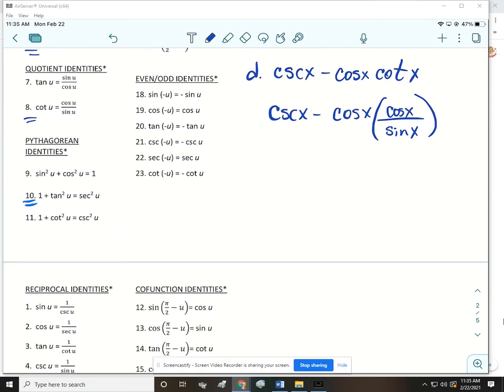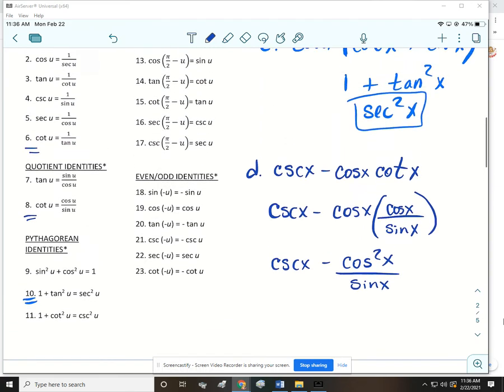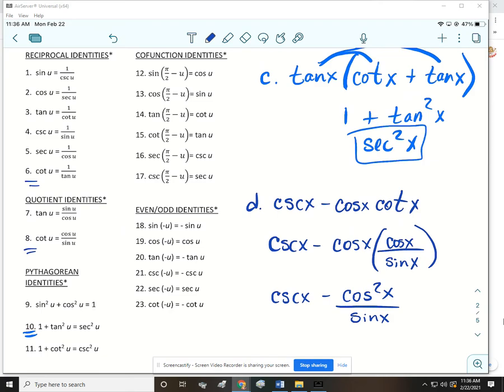Okay, now nothing cancels there. I can multiply those cosines together and get cosine squared. Now start looking at cosecant. I could change cosecant of x to 1 over sine of x.